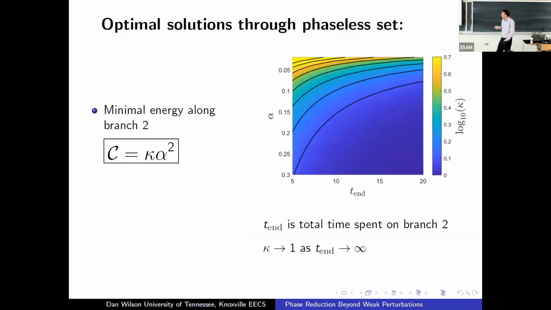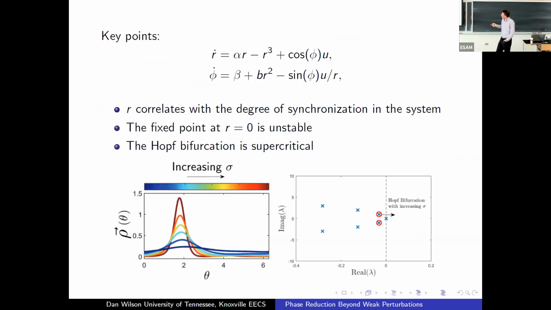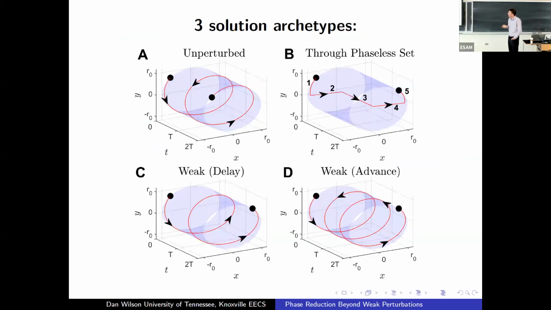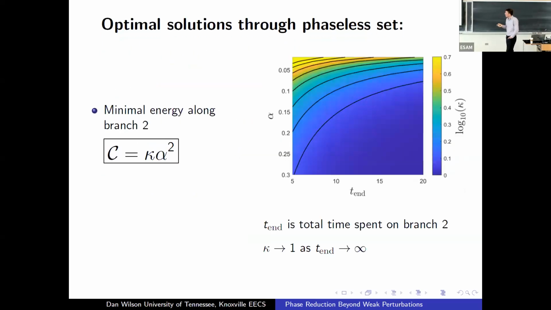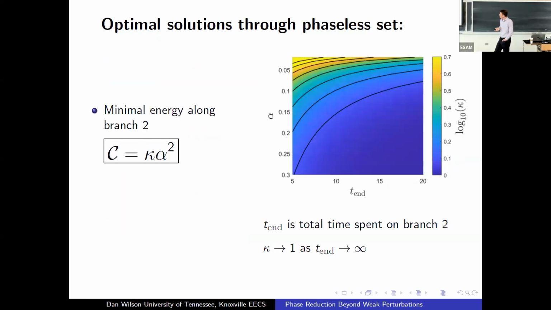I end up with the result that the minimal energy along this second branch ends up being proportional to alpha squared, where again, alpha is this term over here for my Hopf bifurcation. So it's going to be positive because the fixed point is unstable. This other kappa term is something that tends to 1 as the total time that I'm going along the second branch increases to infinity.